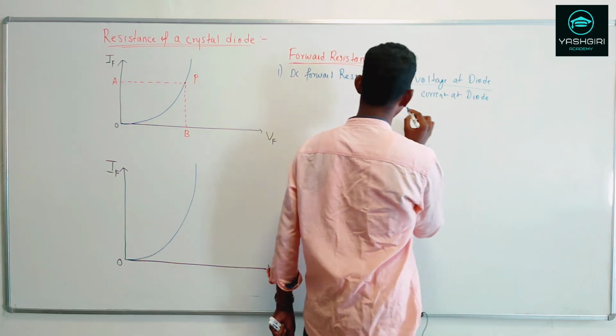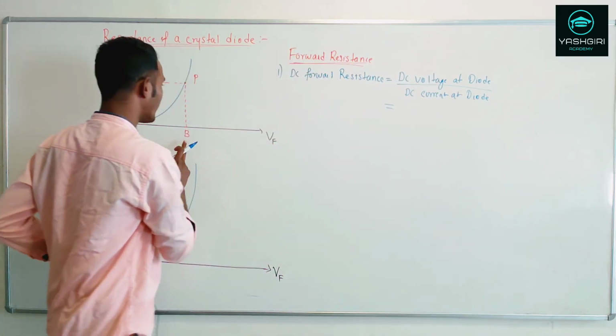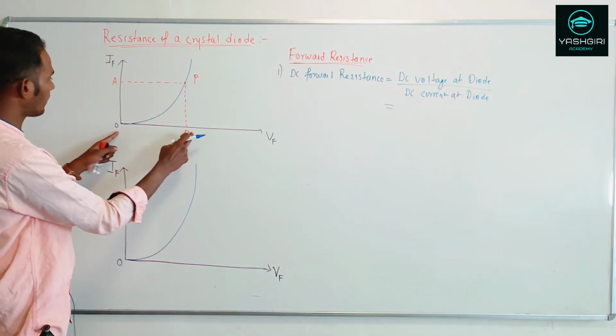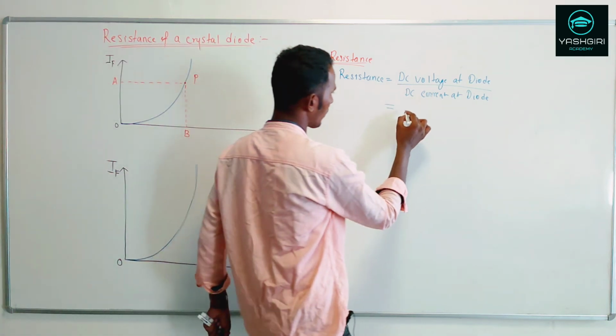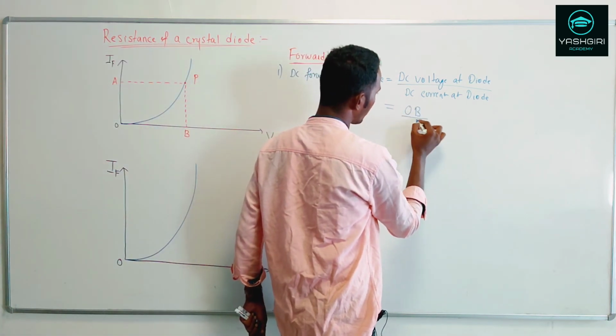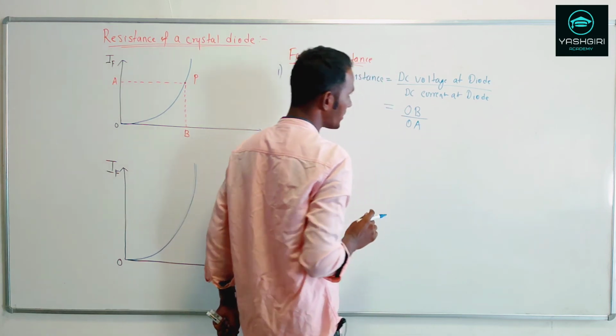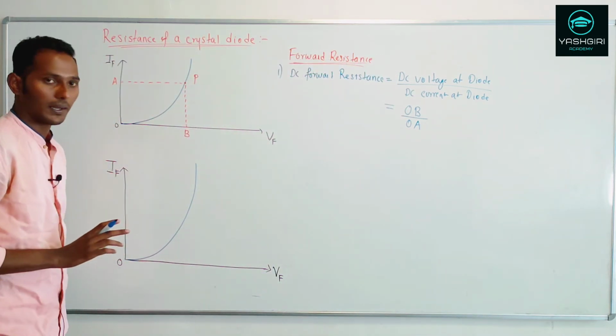Here I can rewrite this as O to B divided by O to A, that's the magnitude of the supply.